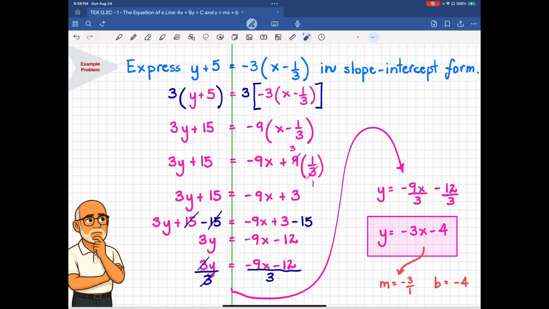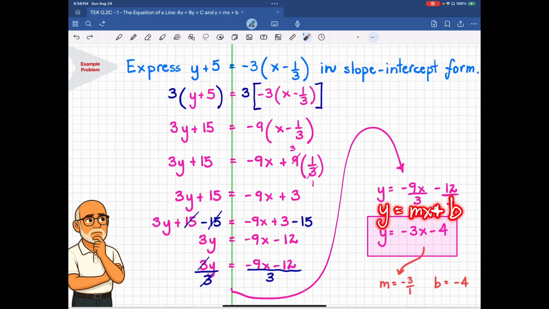Now you may ask, why a negative 4? Because the formula says this. We are going to multiply the slope by x, and then we're going to add the y-intercept.